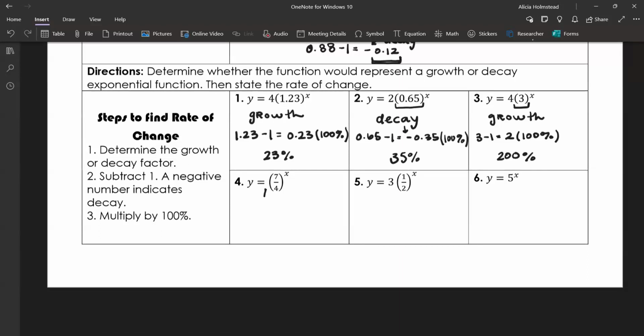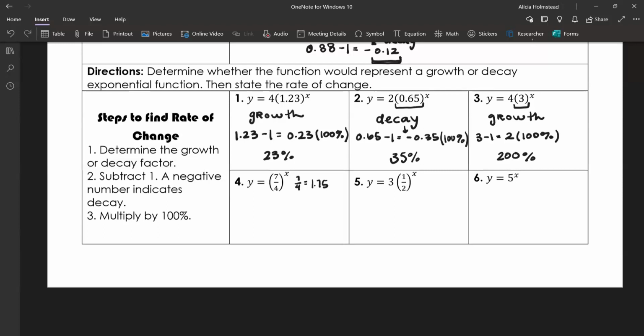So this time we don't have a number in front, but that's totally okay. We still are only concerned with the base of our exponential. So we want to know if this is growth or decay. I'm not a huge fan of fractions, so I think it's easier for me if I convert this into a decimal. So 7/4 is 1.75.